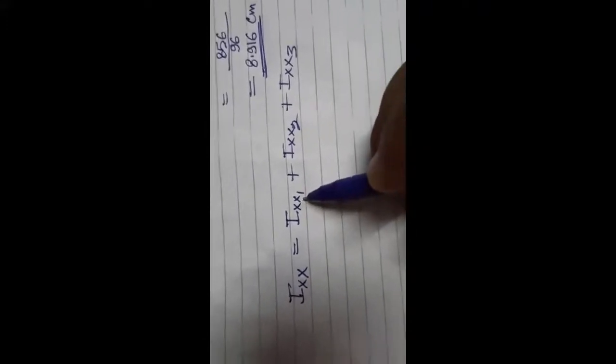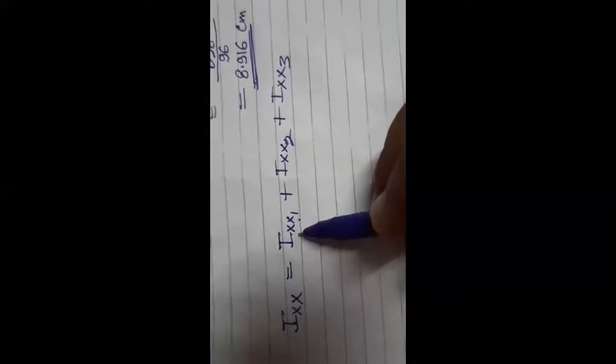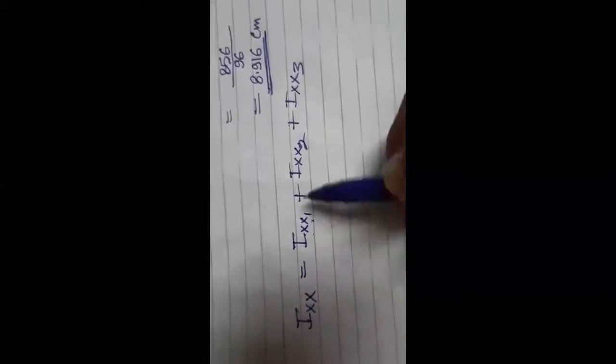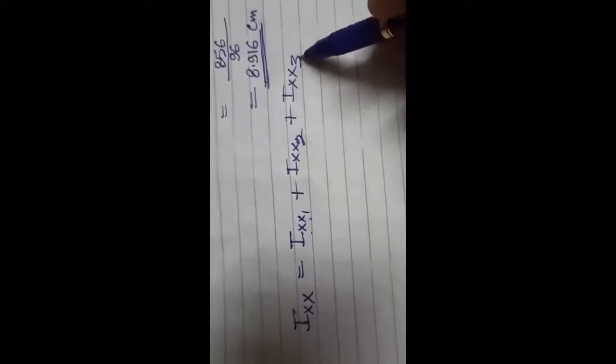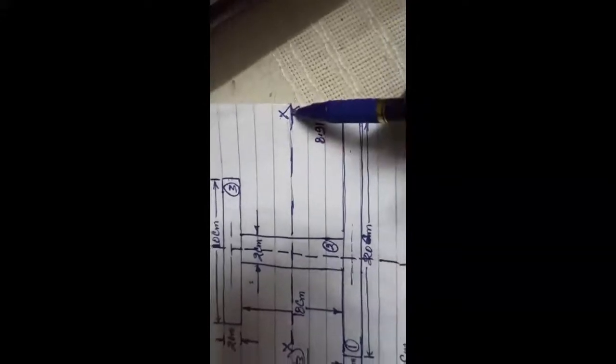and this can be obtained by adding the moment of inertia of individual sections about the same x-axis line. So this is for one part, the first rectangle, this is for the second rectangle, and this is for the third rectangle about this same centroidal axis.